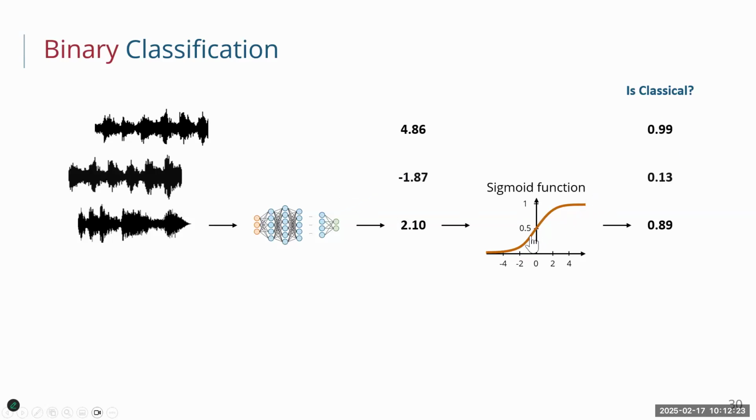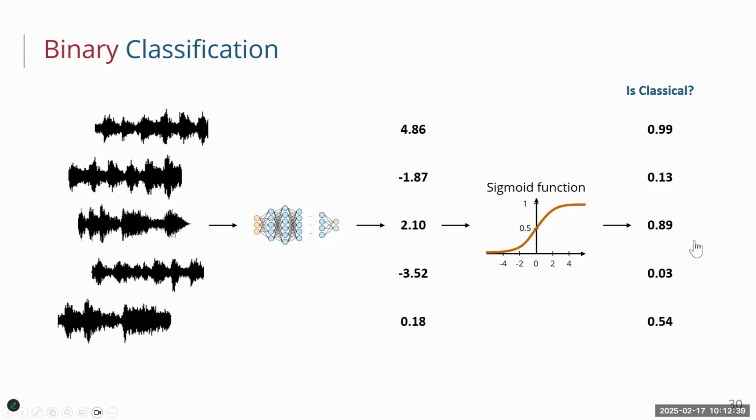If it's a negative number, negative 1.87, then you get somewhere here, so you get 0.13. And then minus 3.52 will be closer to 0, so 0.03, and then you get 0.54 for the 0.18 raw output of your neural network. So this is what the sigmoid function is about.